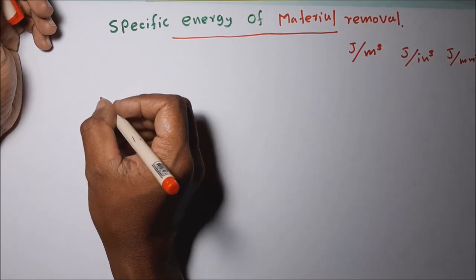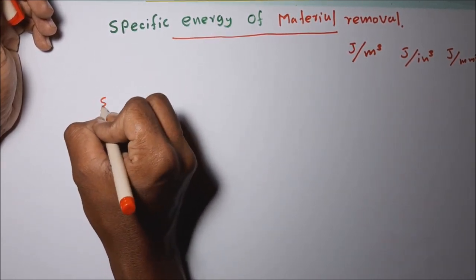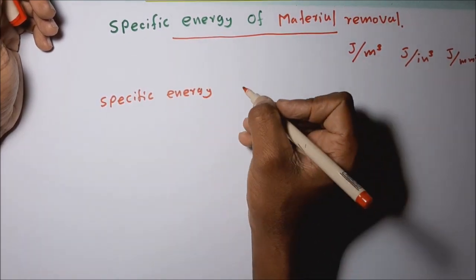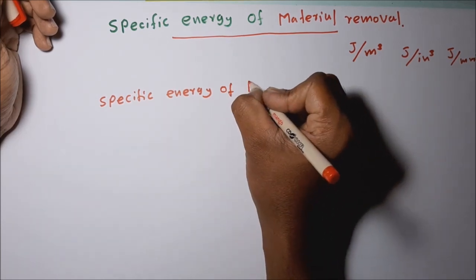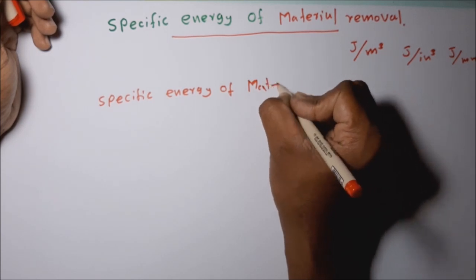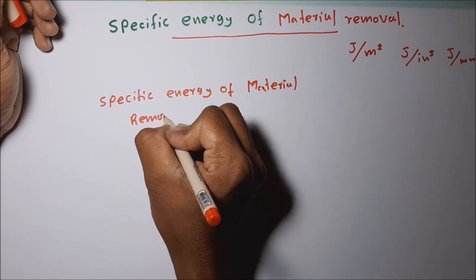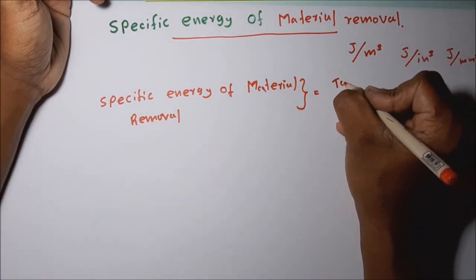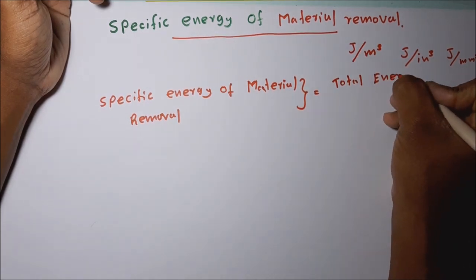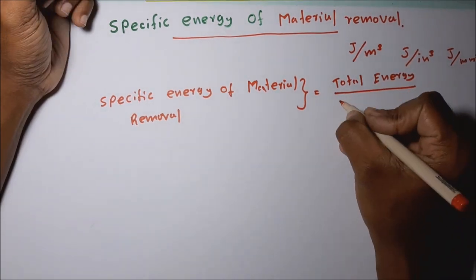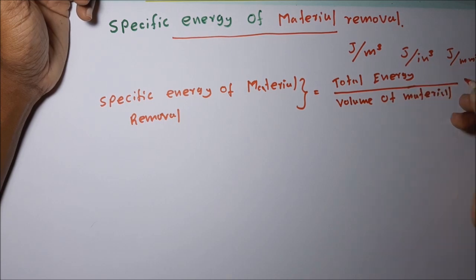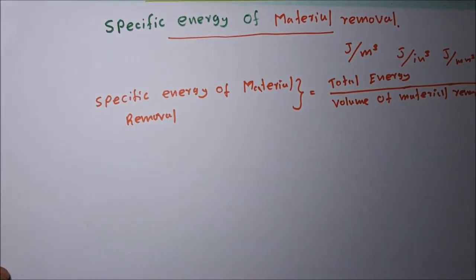So the specific energy of material removal is equal to the total energy divided by the total volume of material removed.